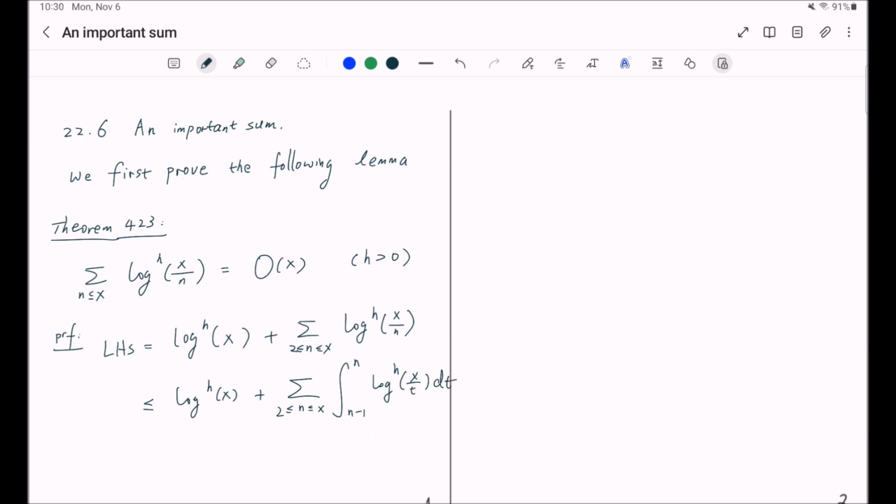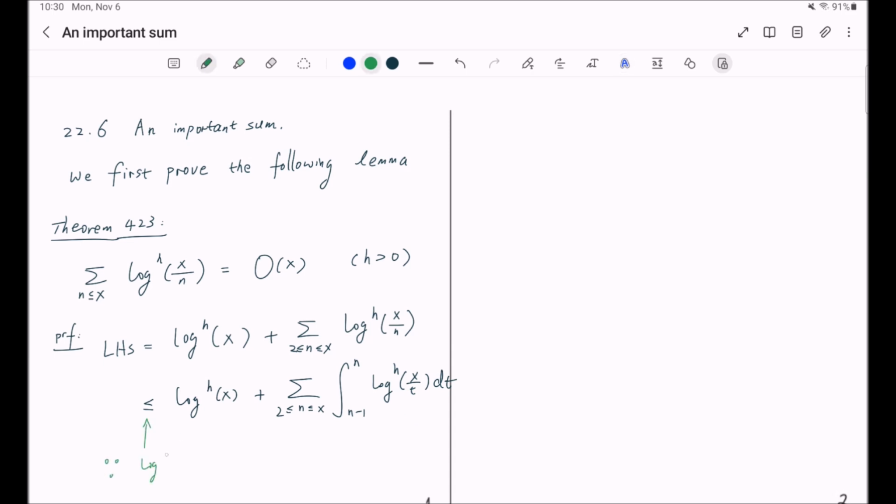This is an integration from n minus 1 to n dt. And this inequality follows from the monotonicity of log of x divided by t to the hth power. This integrand is monotonically decreasing when t increases.